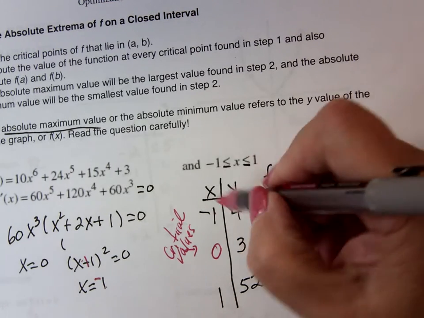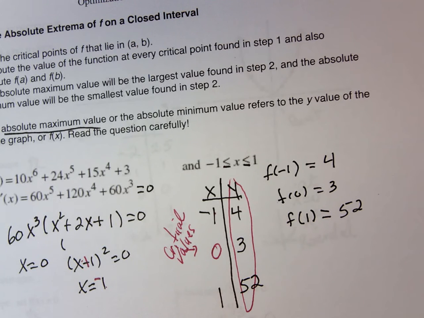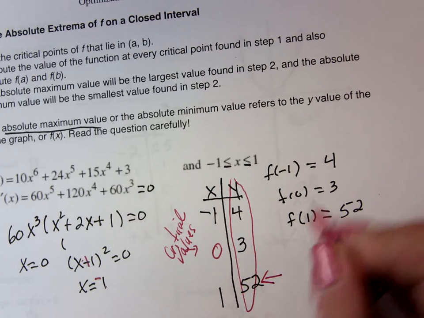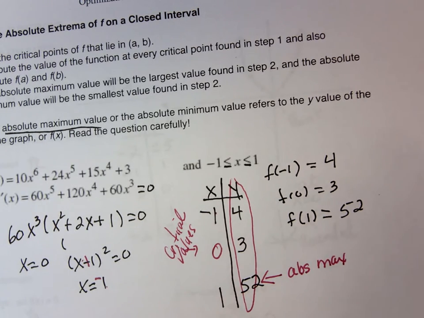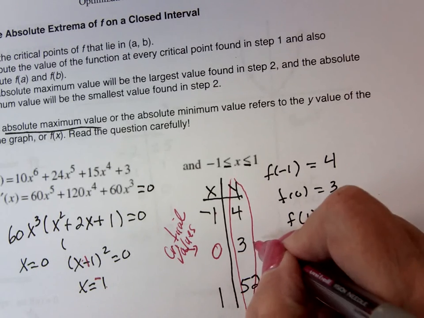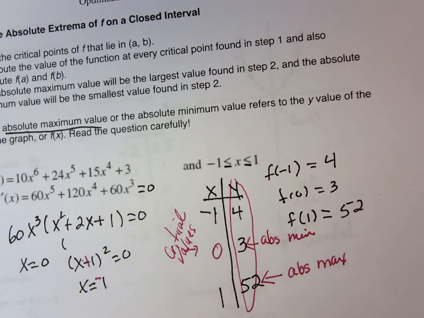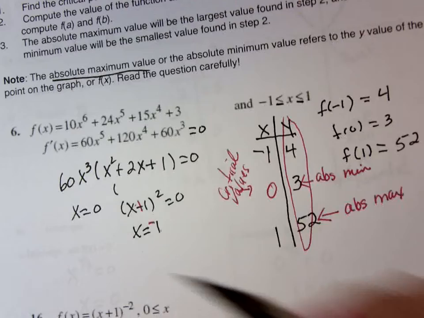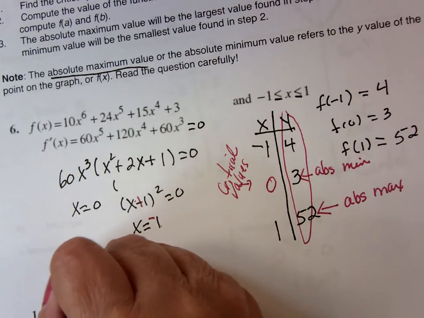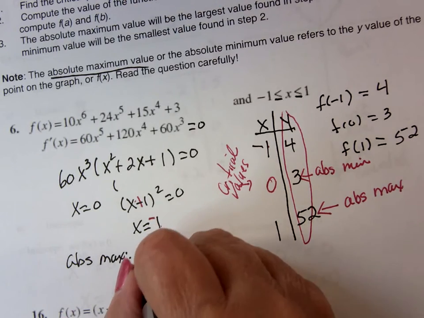Now all I do is I look at the y values. What's the biggest? That's your absolute max. What's the smallest? 3. That's your absolute min. They are y values. So I have an absolute max. Absolute max is 52.